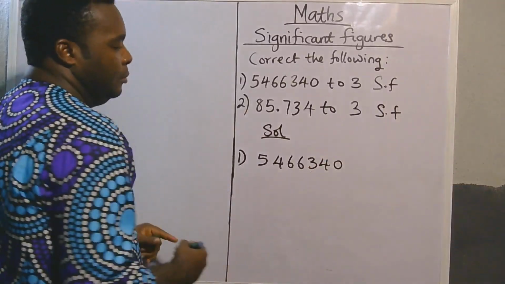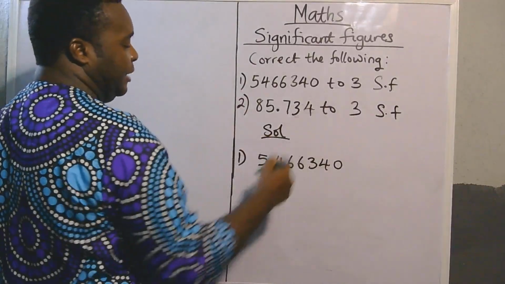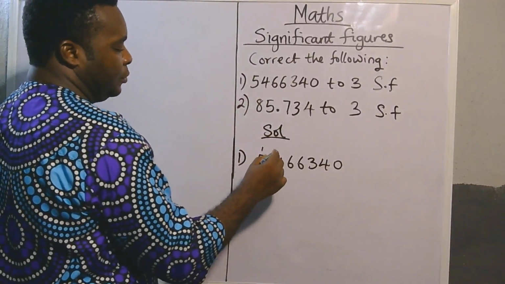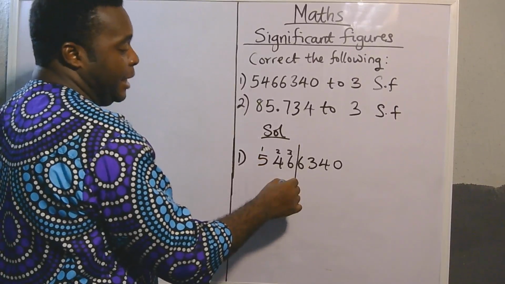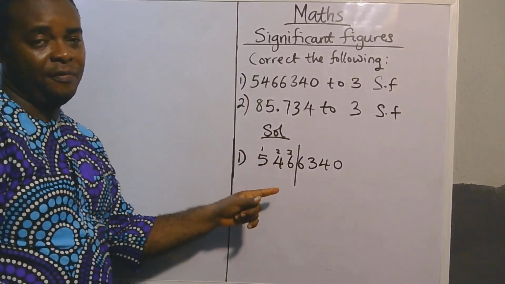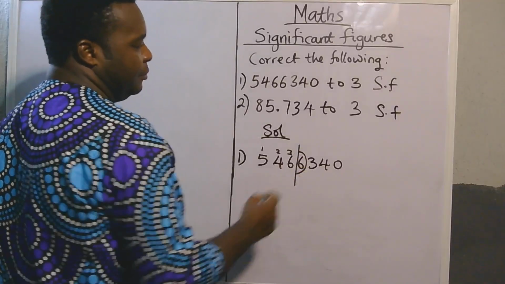5,4,6,6,3,4,0. Now, we start counting our significant figures. Three significant figures: 1, 2, 3. Strike your line, the line of approximation. So we consider this number here.